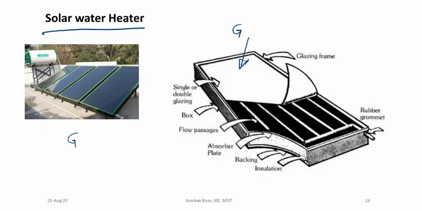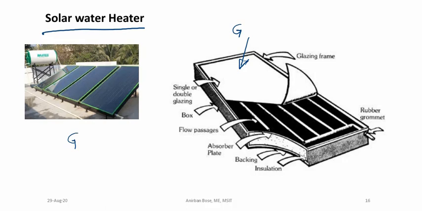Now out of this radiation flux G, let us consider that a portion will be absorbed in the glass plate or reflected by the glass plate, because some portion might be absorbed within the glass plate and some portion will be reflected, and the remaining portion will be transmitted.